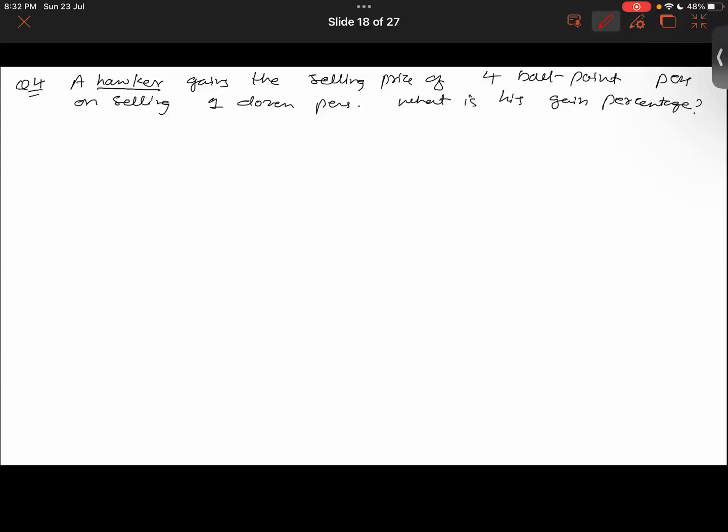So look here. What are the things given in the question? First, write them. A hawker is gaining the selling price of 4 ballpoints on selling 1 dozen pens. So he is selling how many pens? 1 dozen pens are sold, meaning 12 pens are being sold.